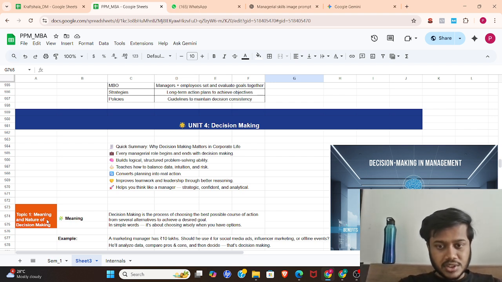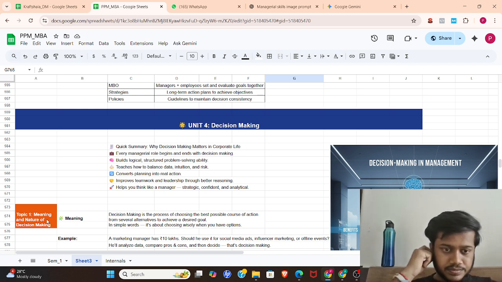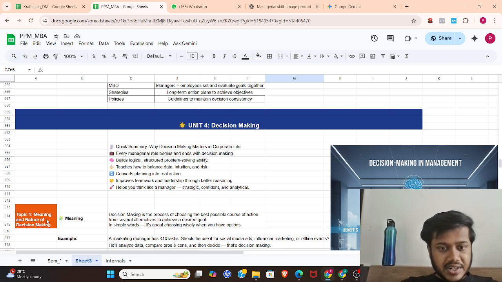Now moving to decision making. As the name suggests, it is a very important function. Quick summary: why decision making matters in corporate life. Every managerial role begins and ends with decision making.